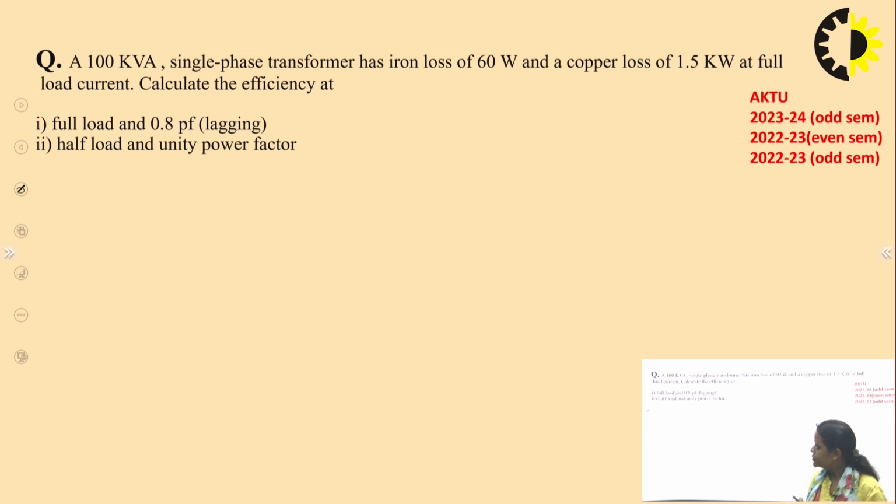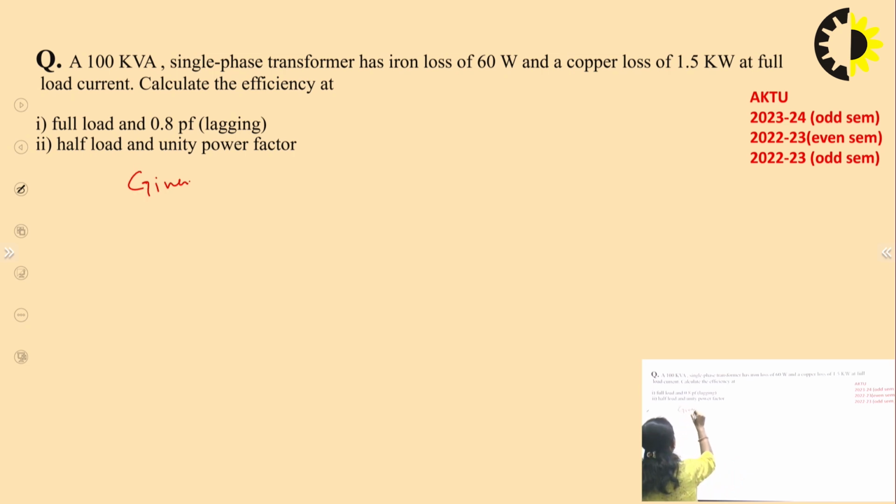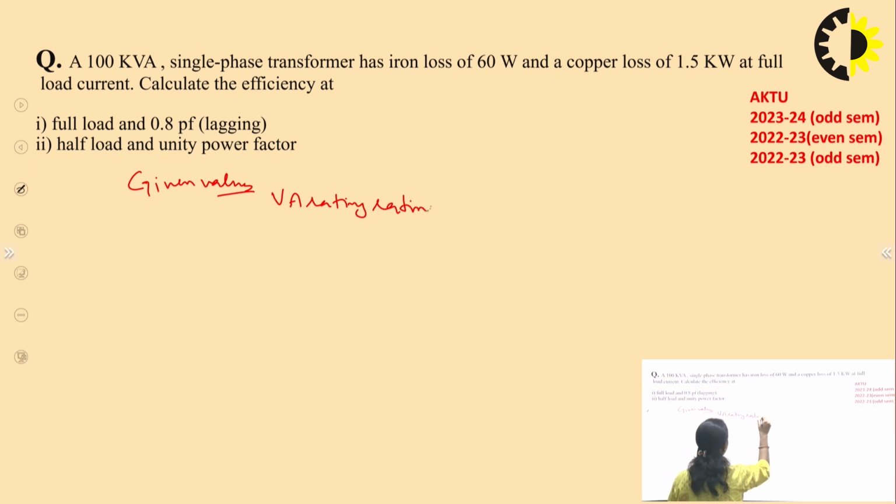So you have to find the efficiency at full load, and then the efficiency at half load. First we will write the given values. VA rating is given as 100 into 10 power 3.